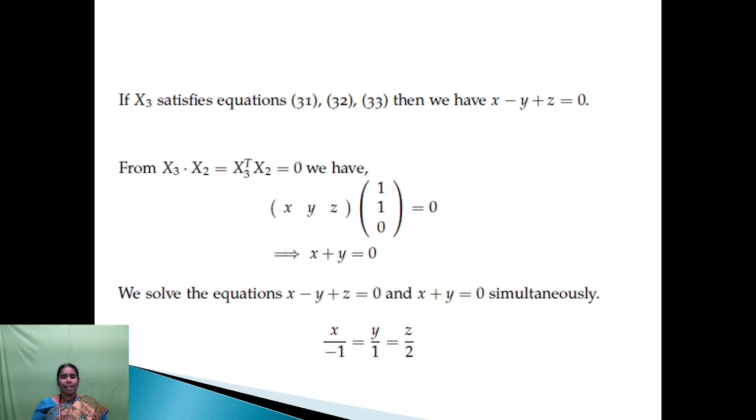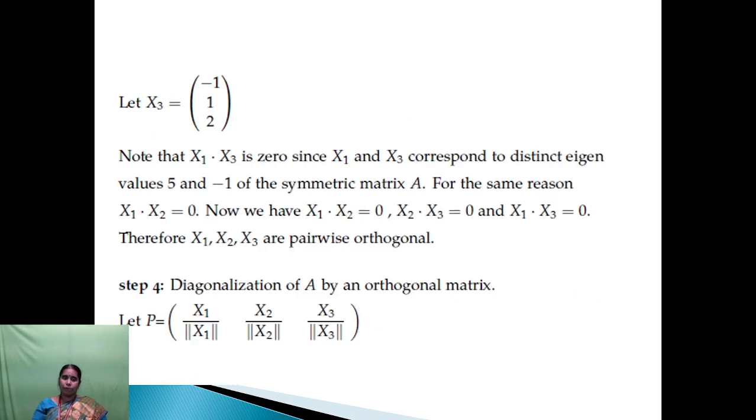We have x minus y plus z equal to 0 from the first, and x plus y equal to 0 from the second. On solving the two equations, we obtain x3 equal to -1, 1 and 2.